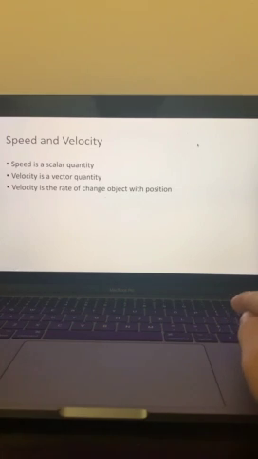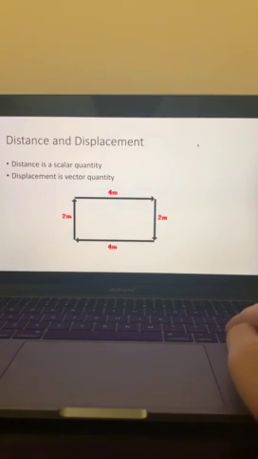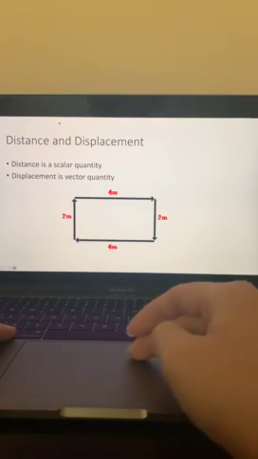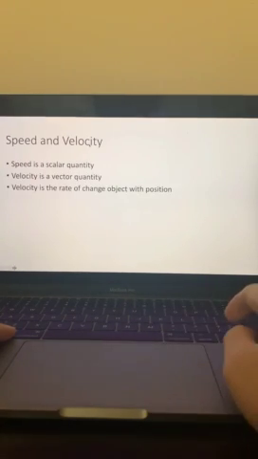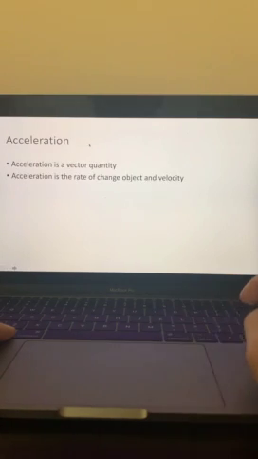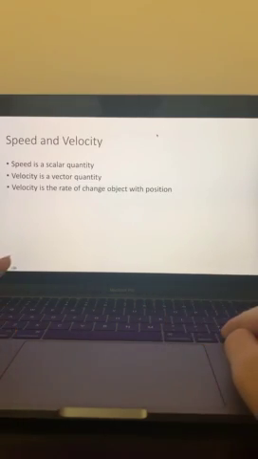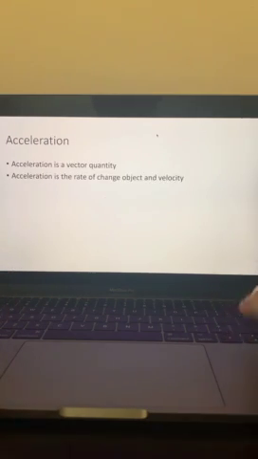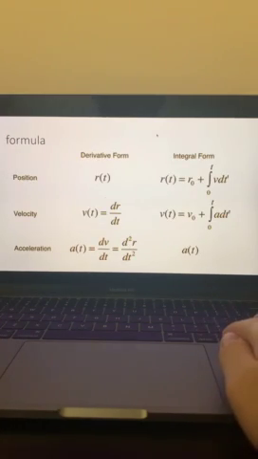To find the velocity, you need to take the derivative of the distance, or delta distance, and to find the acceleration, you need to take the derivative of the velocity as well. And if you want the opposite side, just use the integral.